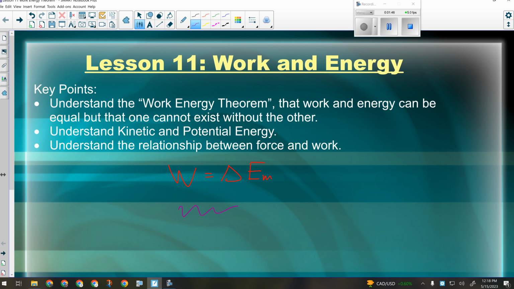Okay, so work is a change in mechanical energy, and that's going to mean basically final energy minus initial energy, because that's what we've learned delta always stands for. Delta always means change, which is final minus initial.